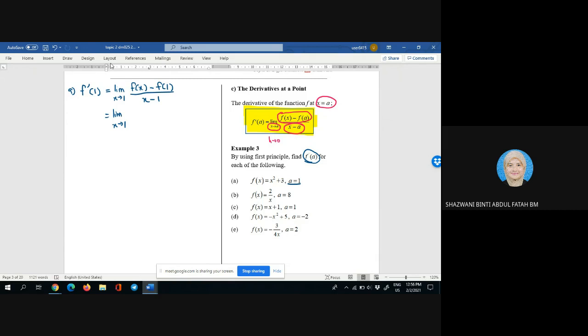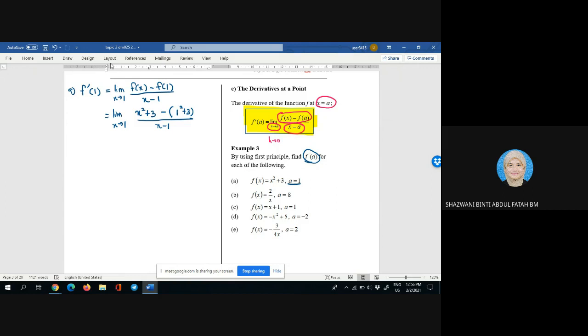Now your f(x) is x squared plus 3. To find f(1), you just substitute 1 into x, so you have 1 squared plus 3, over x minus 1.